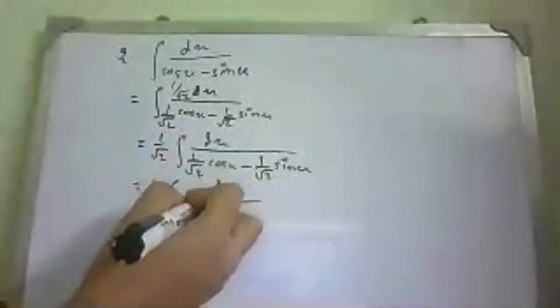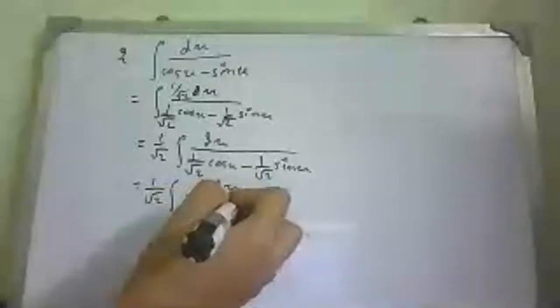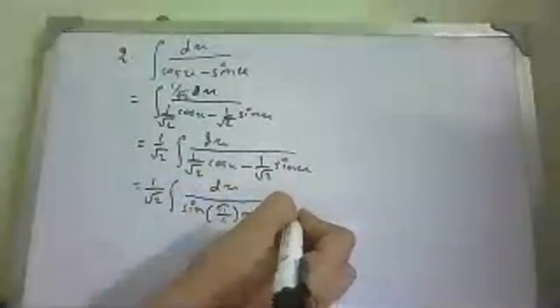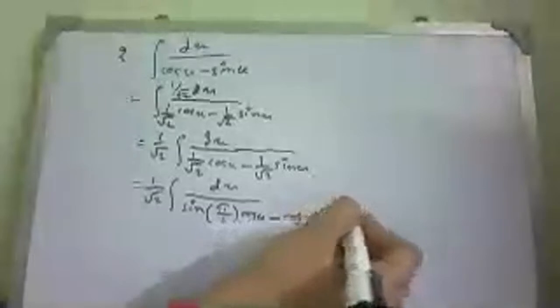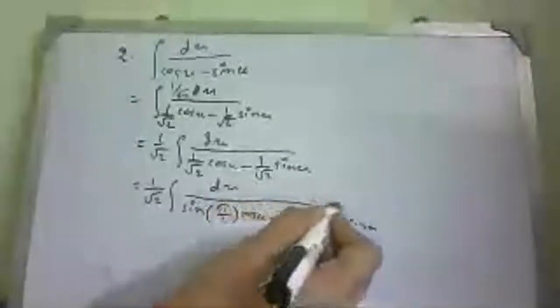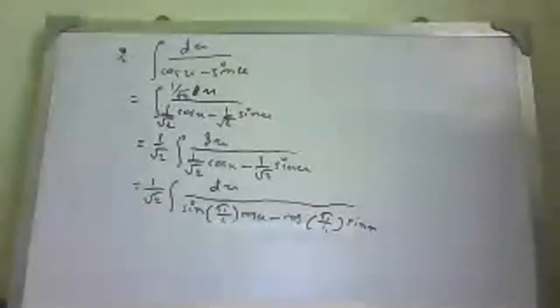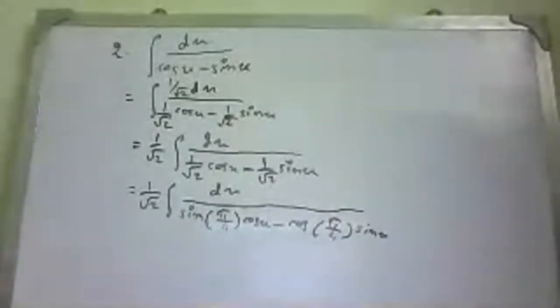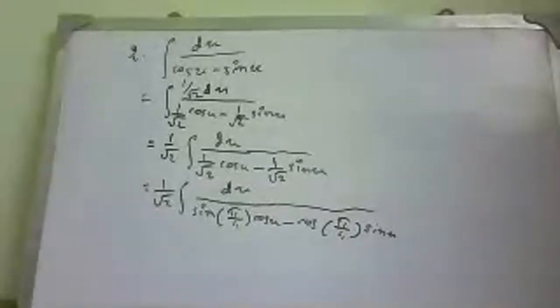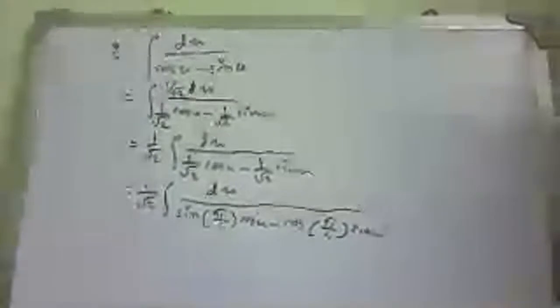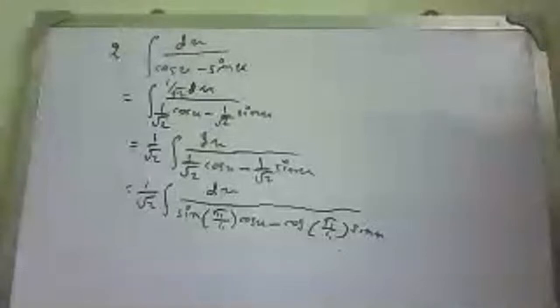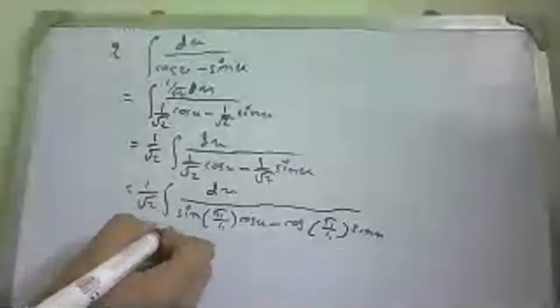This thing is basically sine of pi by 4 cos x minus cos of pi by 4 sin x, and 1 over root 2 dx.